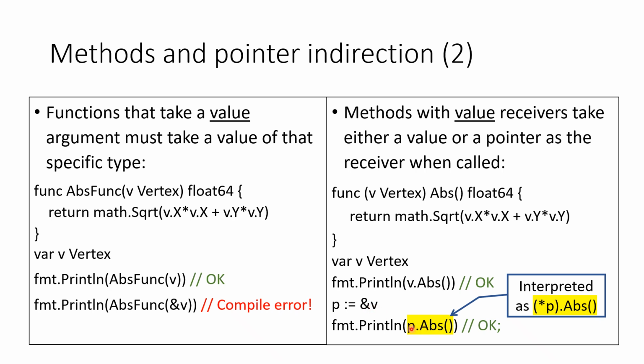Here the expression p.abs() is actually interpreted as (*p).abs(). Recall that *p is the value that the pointer p points to.